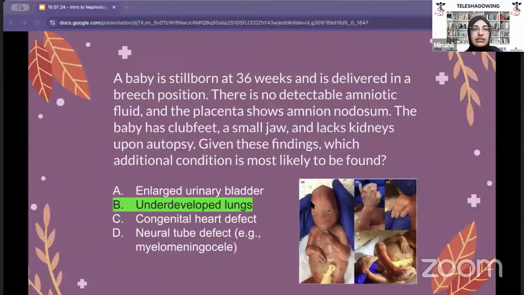So among the listed choices, the answer is pulmonary hypoplasia at option B, since it's a hallmark feature of Potter sequence due to the renal agenesis and oligohydramnios. You can see how one small thing that can go wrong, like the kidneys not developing properly, can lead to a stillborn.